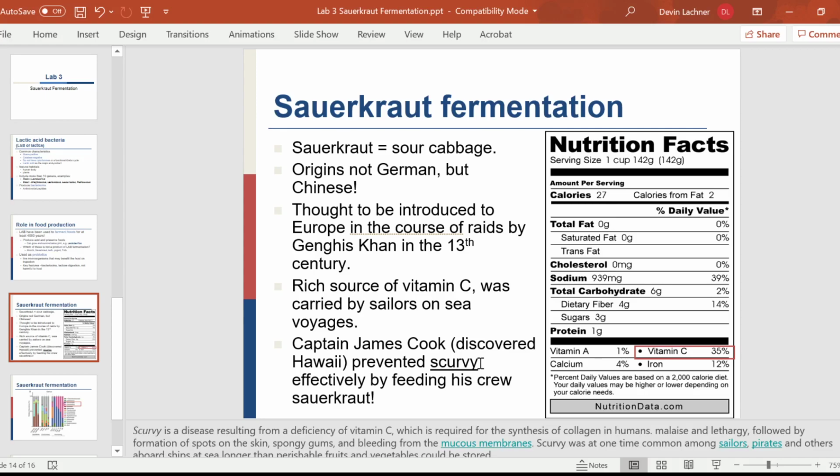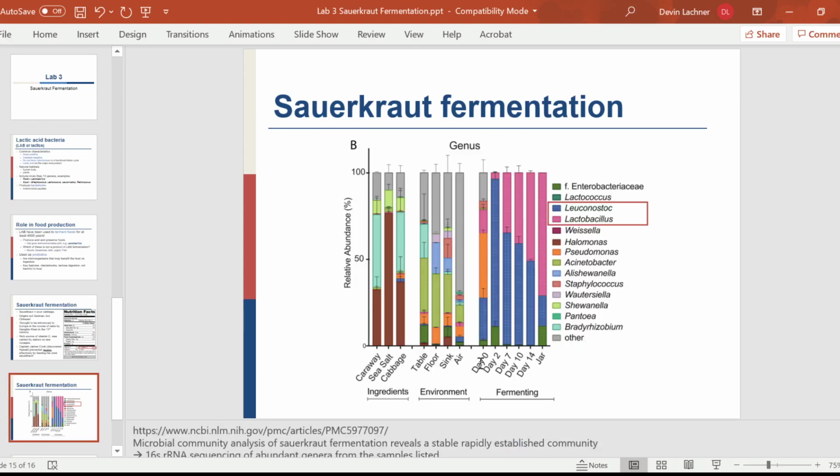Which was a pretty bad disease for them, since they weren't able to have a lot of the fruits and vegetables we have. We have two major genera, Leuconostoc and Lactobacillus. Those are the two primarily responsible for the fermentation of our sauerkraut, okay?